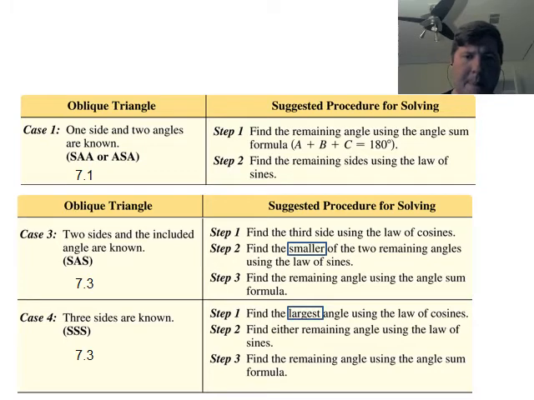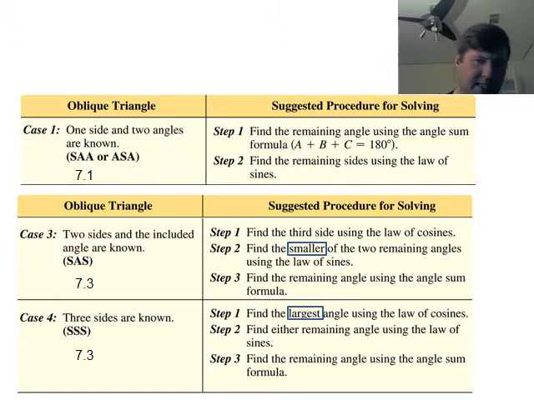But anyway, in this third case, you've got to find the smaller of the two angles using the law of sines. And in this last case, when you know the three sides, you've got to find the largest angle using the law of cosines. So there you go.